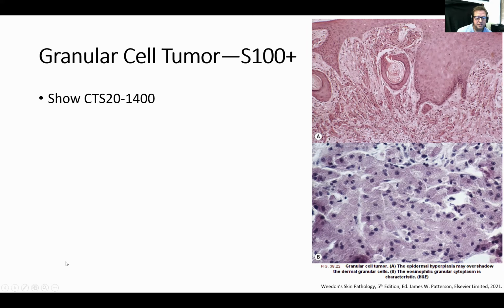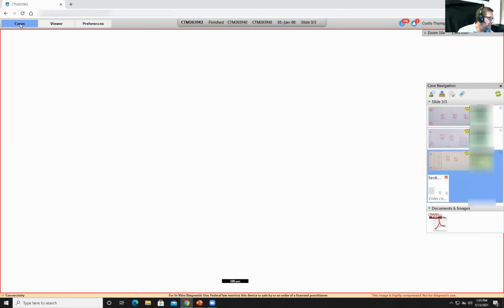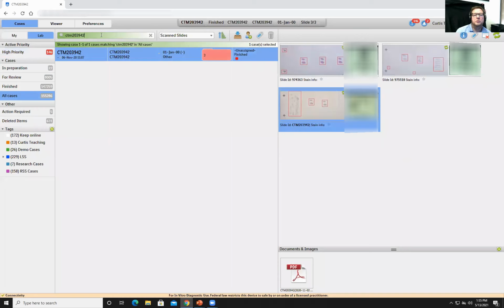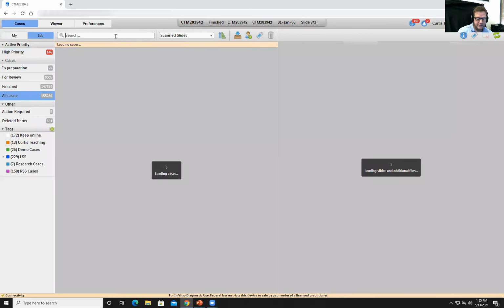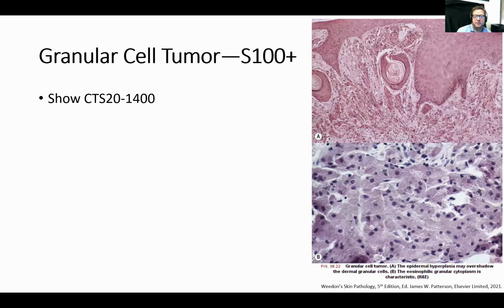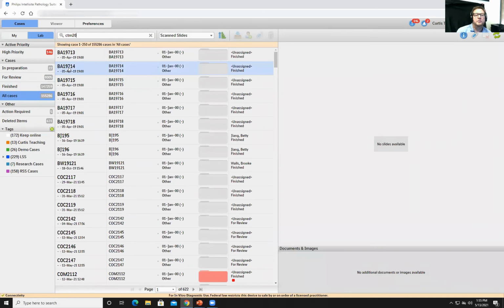So CTS 1400, let me pull that up. Granular cell tumor, usually oral and likes the tongue. It is CTS 1400.